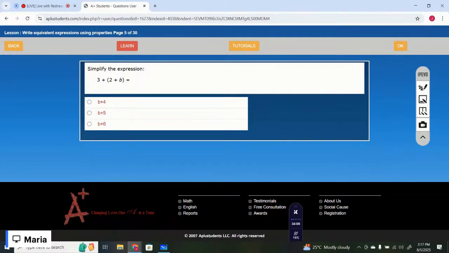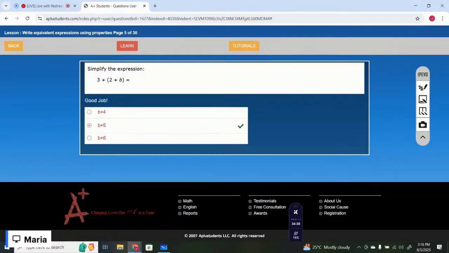Simplify the expression. That is b plus 5. Option number 2 is the correct option.